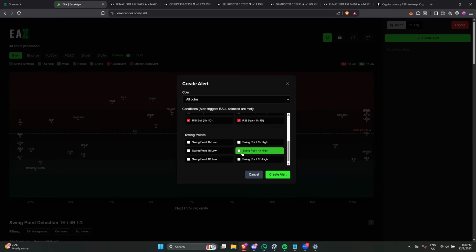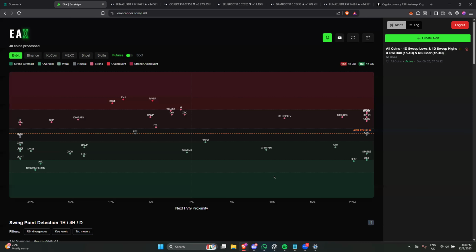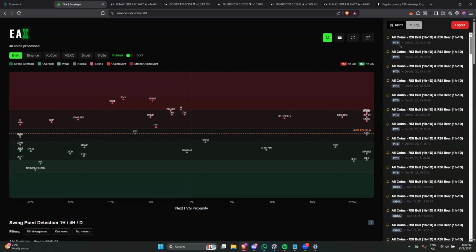And of course, if you're looking for swing points, depending. So you'd create an alert, and then every time one of these tokens triggers that alert, it would automatically make this very loud, annoying sound that, like I said, I turn off. And you can always go through the log and have a look.